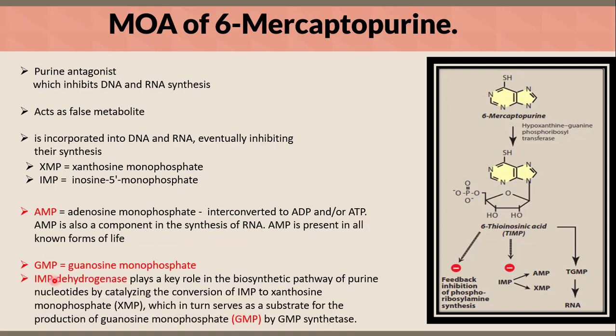The IMP dehydrogenase, or inosine 5-monophosphate dehydrogenase, plays a key role in the biosynthesis pathway of purine nucleotides by catalyzing the conversion of IMP to xanthosine monophosphate, or XMP, which in turn serves as a substrate for the production of guanosine monophosphate, or GMP, by GMP synthetase.